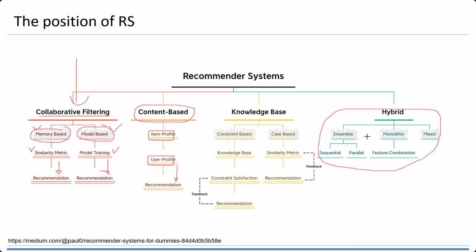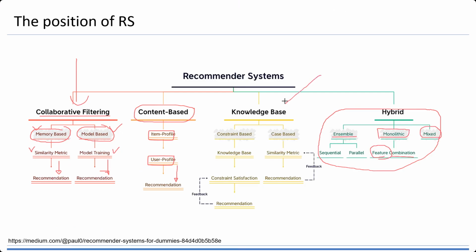We can learn about the ensemble, which is the same as parallel. And we also learn about the monolithic. Monolithic means we are creating a feature, so we can combine the features, augment the features. And also mixed. Mixed means a hybrid where we can do a combination, or have it sequential and so on.